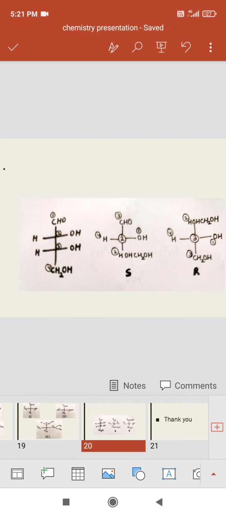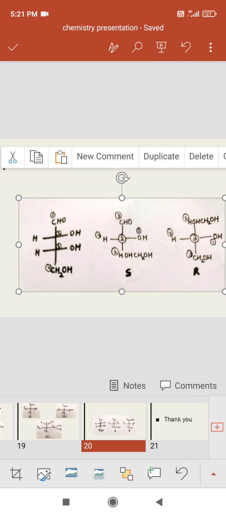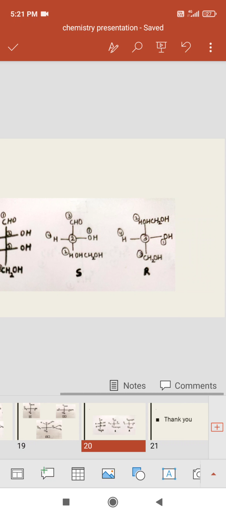See, if we get these types of structures, in this case, first we have to make a structure for the second carbon and the third carbon differently for our convenience. So here, I have drawn that. Here OH gets the first priority, this will get the second, CHO third, and hydrogen 4.